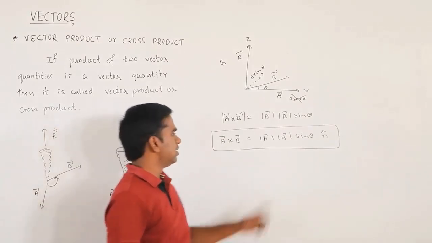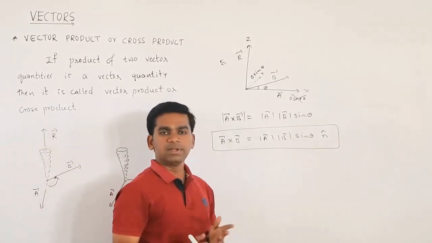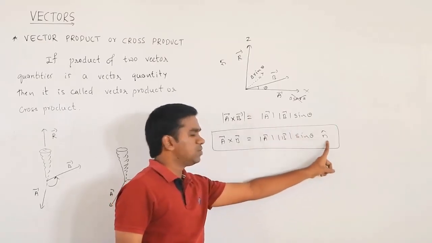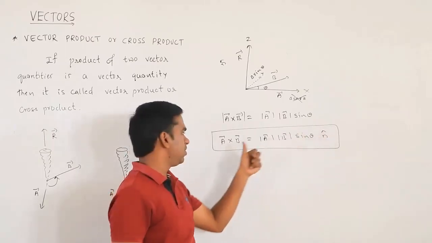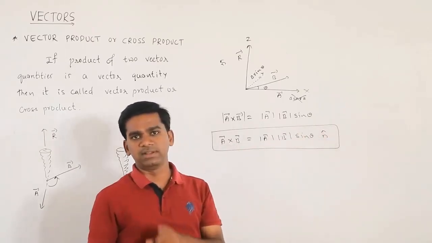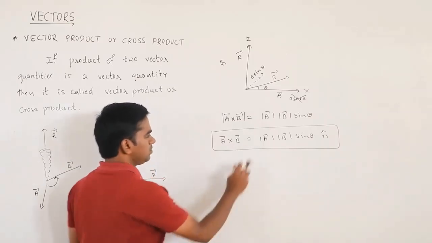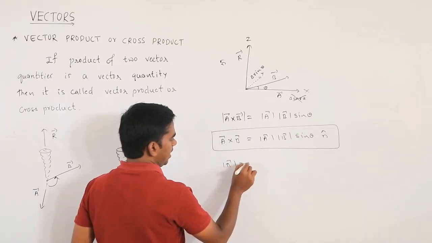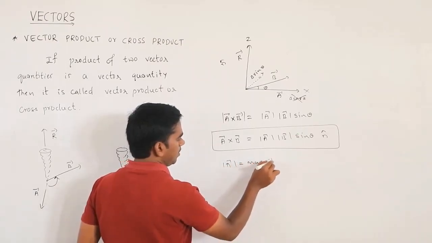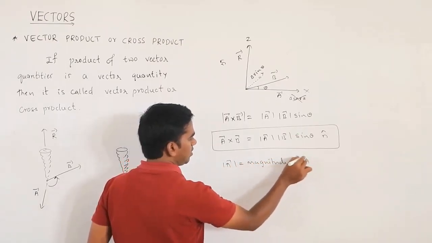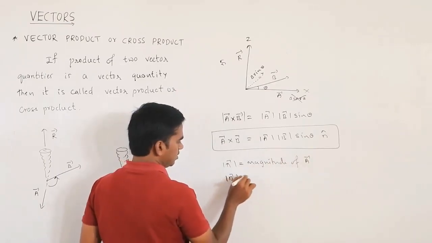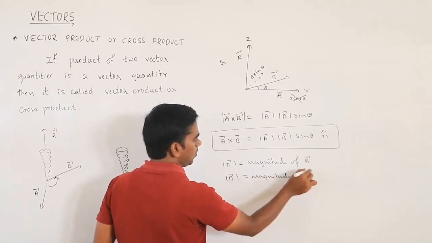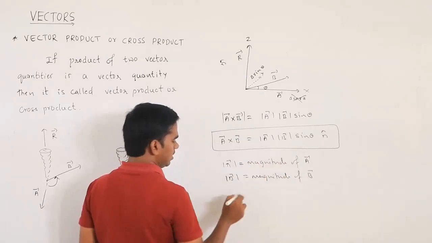Okay, in the dot product, A B cos theta, because it was a scalar, there is no need to mention or convert into a vector. But here you must and should multiply with N cap, because you are giving the resultant as a vector, not a scalar. Okay, so what is this one? This is nothing but the magnitude of vector A. And what is this? This is nothing but the magnitude of vector B. Then what about theta?